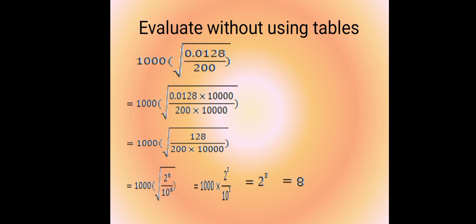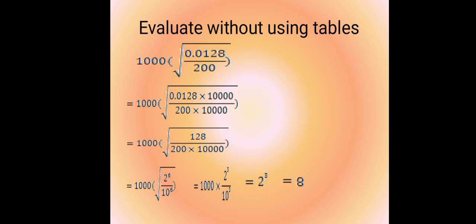So we need a number having 4 zeros to remove the numerator's decimals, and the same number shall multiply the denominator. So the numerator, if you remove the decimals, becomes 128. The denominator will be 200 multiplied by 10,000.